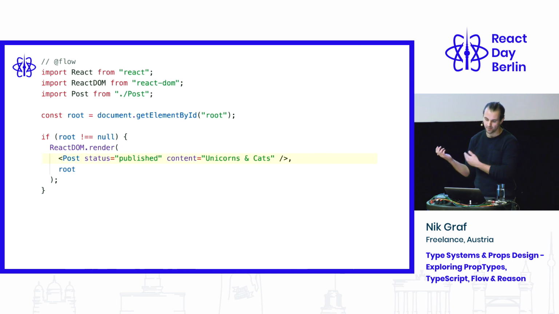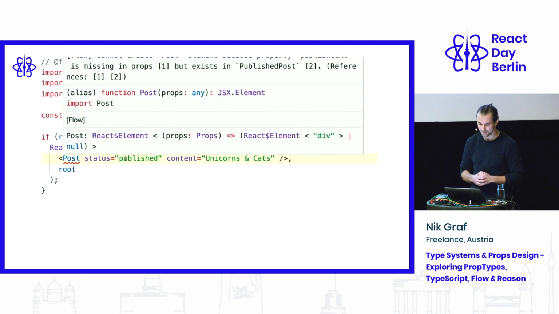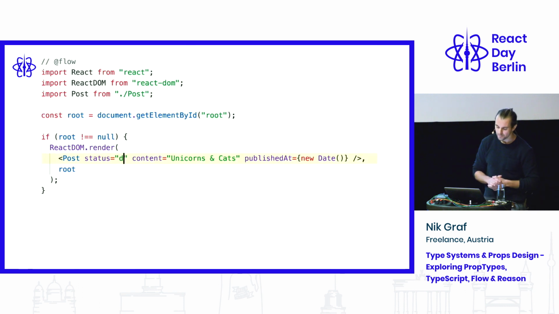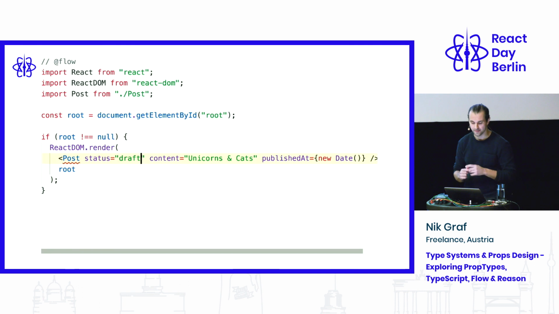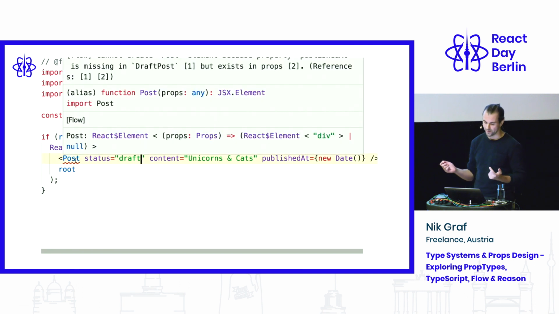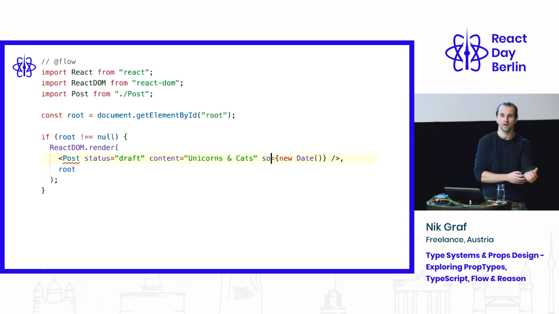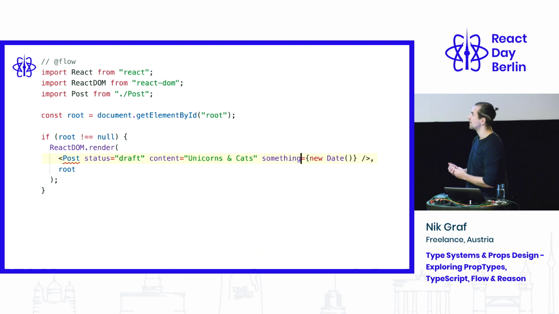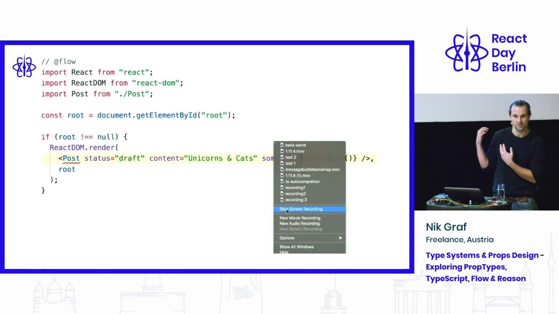If we change to published, obviously we need to add published ad. Cool, thank you very much. No error. Now if we change to draft, it tells us, hey, there's something wrong. You're passing in a property that I don't expect. The same for something. So this is exactly the experience I'm looking for.